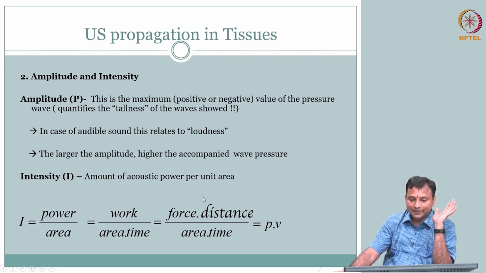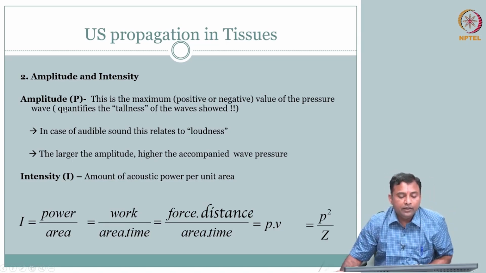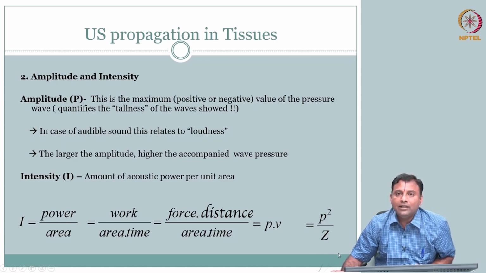This is your intensity. From what we have done, we already covered impedance. So using that definition, we can change the velocity as P by Z. So you get P square by Z. So your intensity is pressure square by Z. Right.